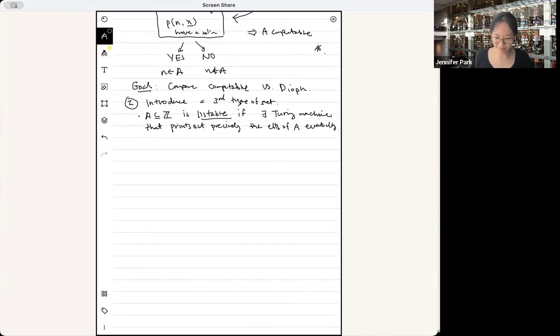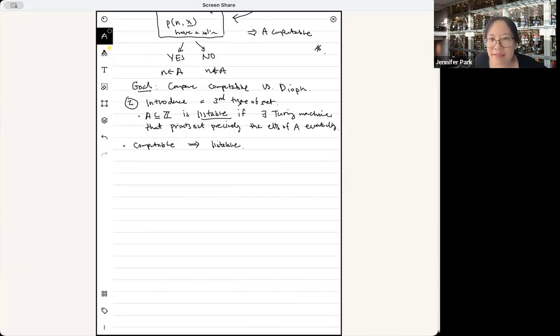So this is the third type. What I'm trying to do is compare the listable sets to the computable sets and Diophantine sets. There are lots of comparisons that we have to make. First, I claim that a computable set is always listable. Do you guys see why?